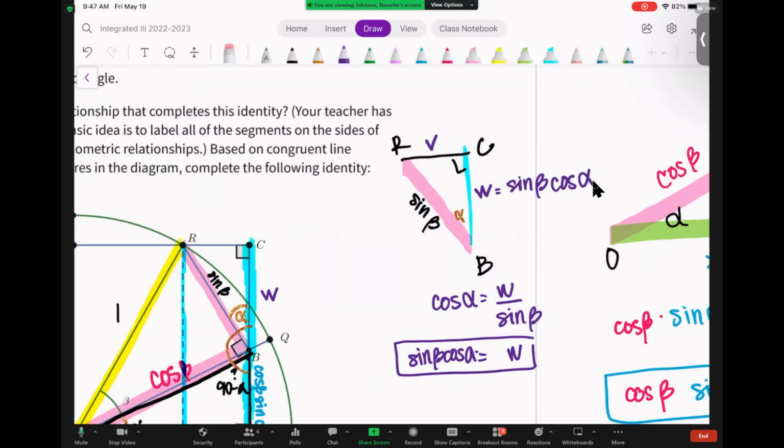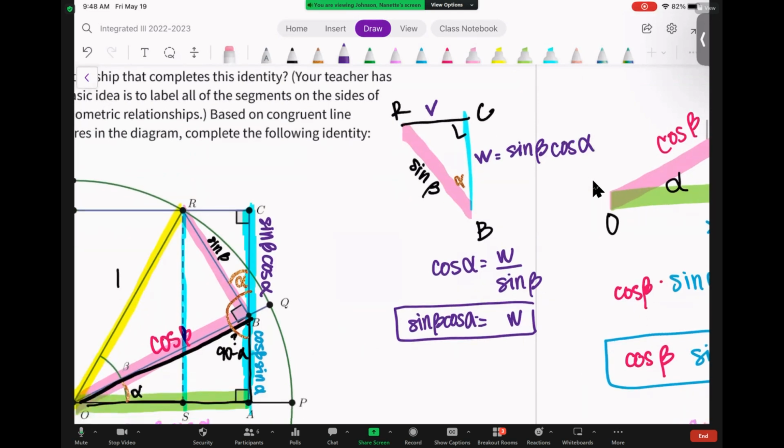So I'm going to erase this W and write sine beta cosine alpha. And because I also want to find the top there, I'm going to use another color. I don't have another color. All right, we're going to go into rainbow colors.